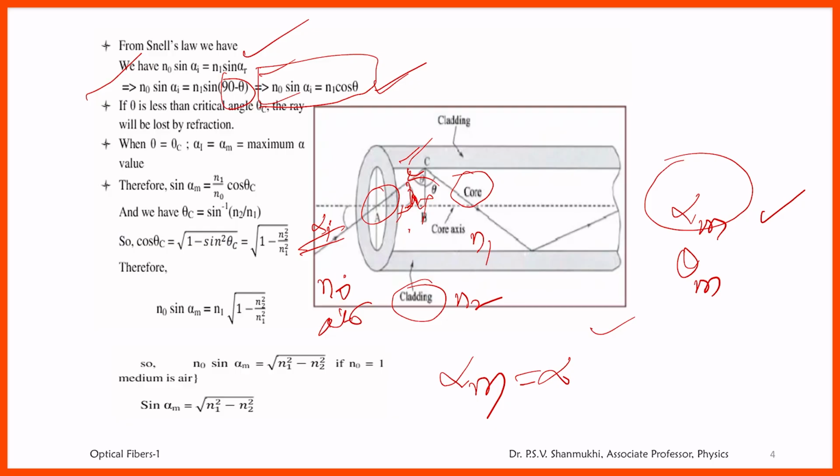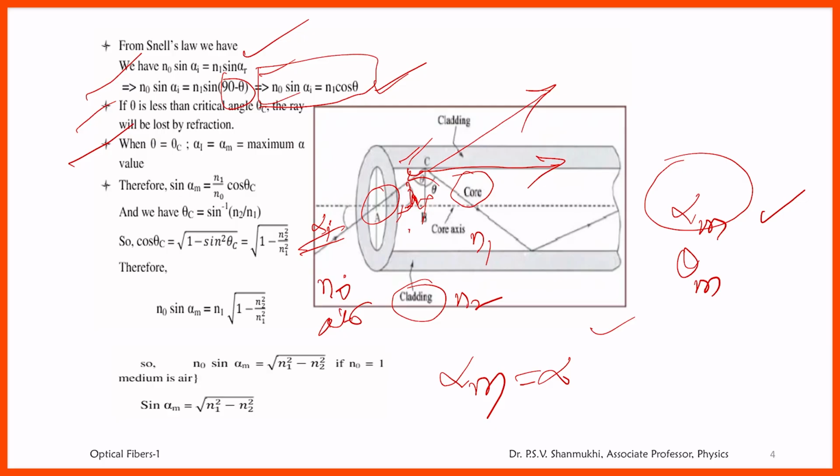If theta is less than the critical angle theta c, the light ray will be lost by refraction. When theta is equal to theta c, alpha is equal to alpha m, the maximum value. Actually, there are three cases possible at any light ray incidence: the light ray may escape from the cable, travel along the boundary of separation, or be reflected back into the same medium.